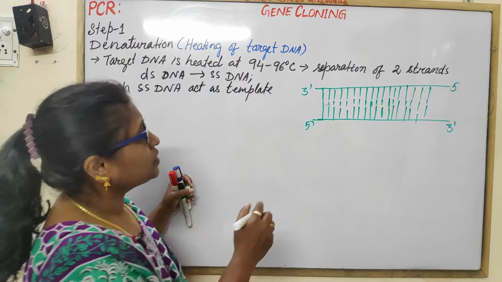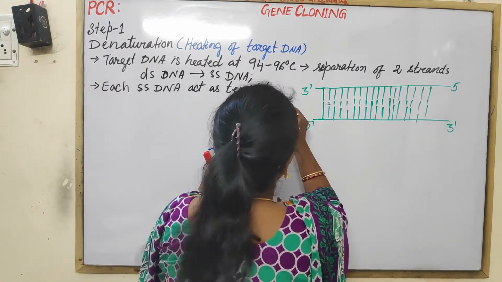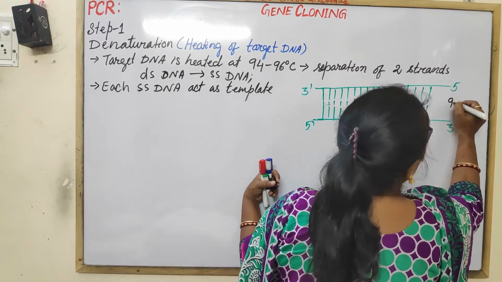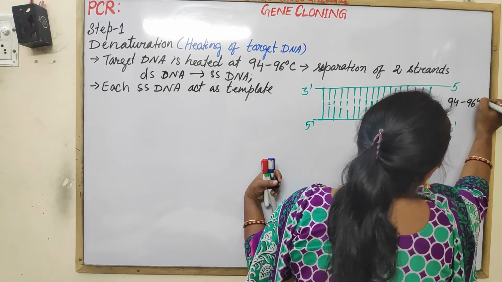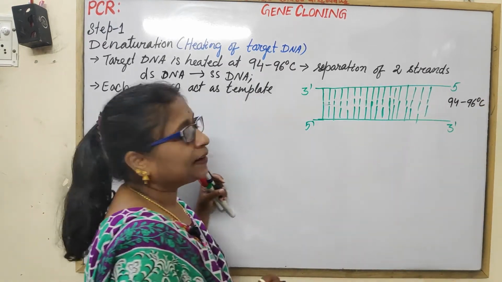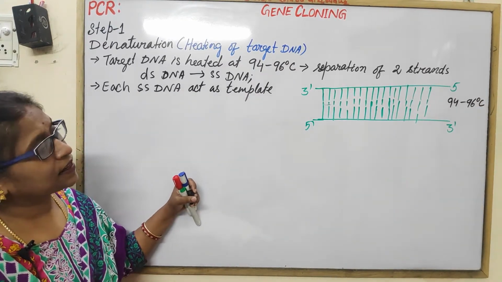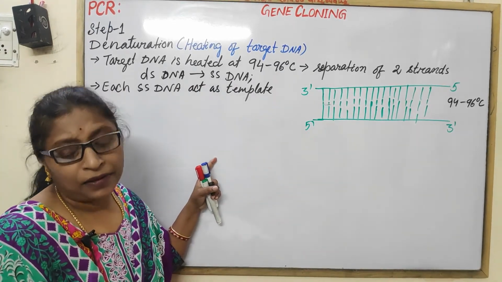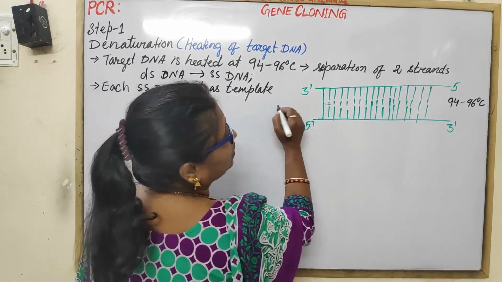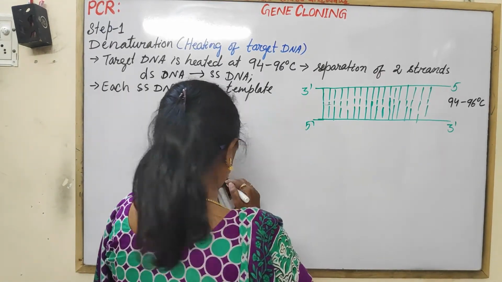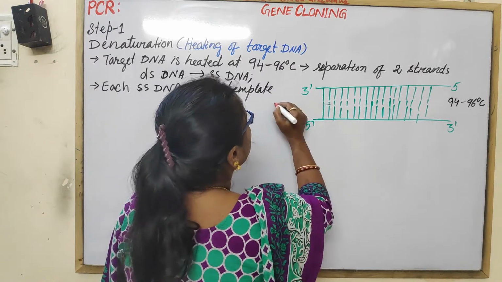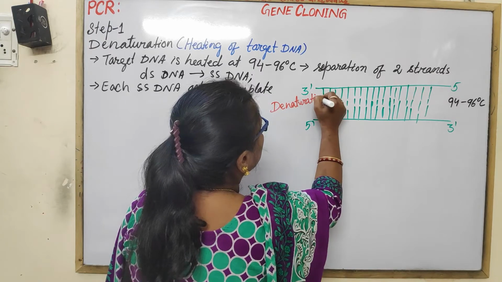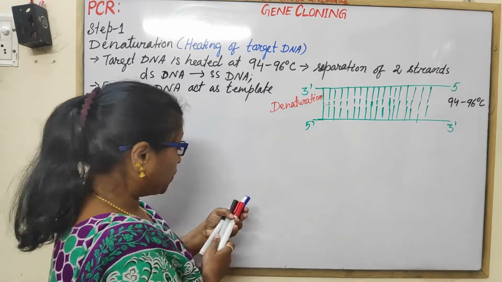How does it become single stranded? On heating at what temperature? At 94 to 96 degrees Celsius. This step is denaturation. So what is obtained?